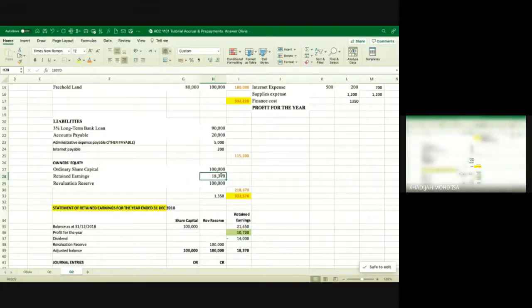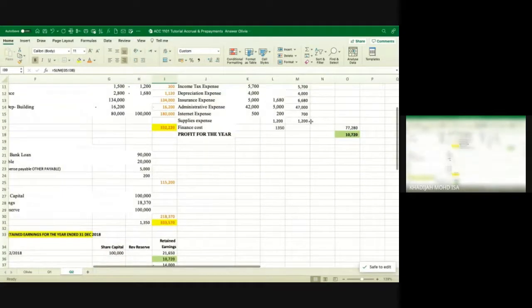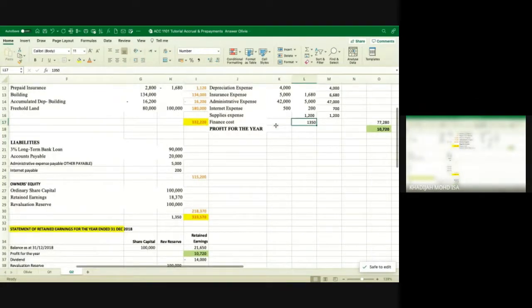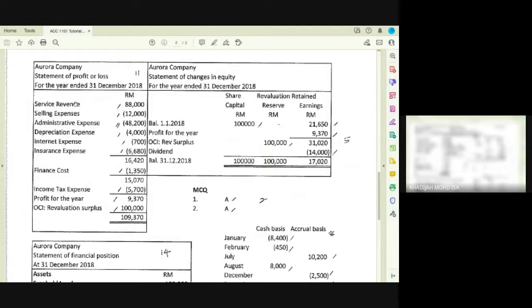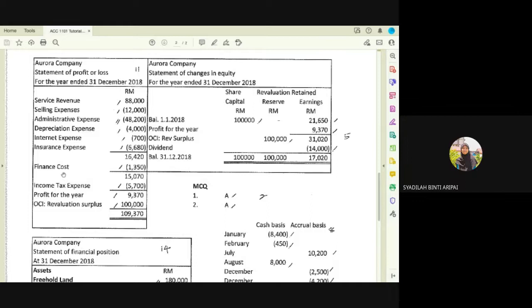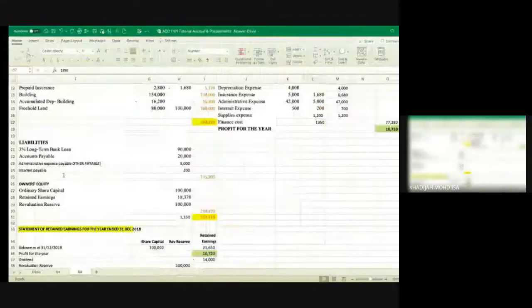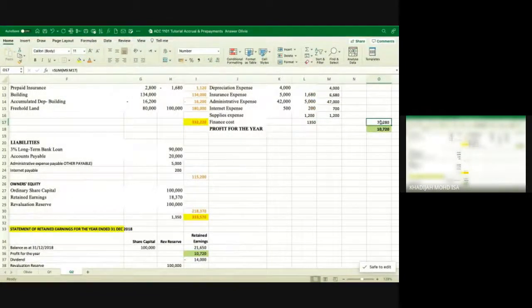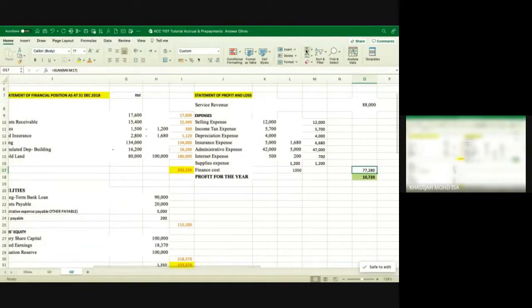Why is this 10,720? Finance cost. Where is finance cost? Finance cost is expenditure. Yes, it's here. Madam, I think you did not minus the finance cost. Okay, let me check again.